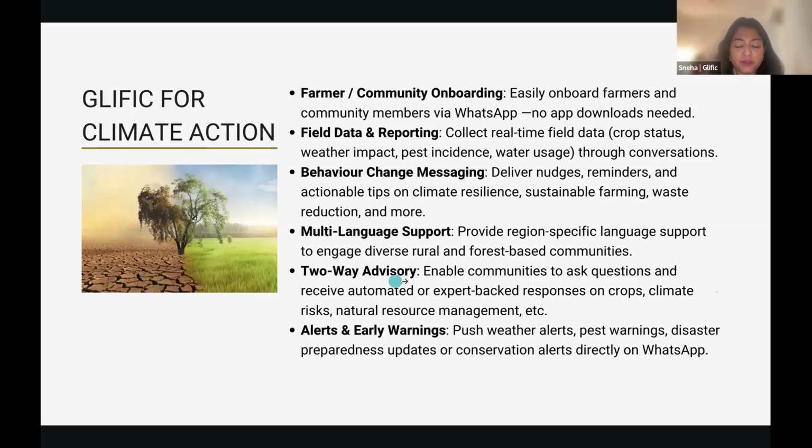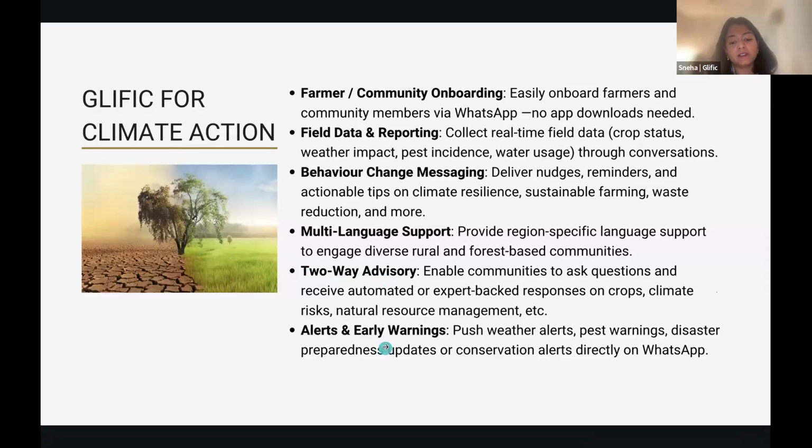It's a two-way platform. So you might have seen platforms where it's just one-way communication, just sending bulk messages. But two-way communication is actually you're listening to your audience. They are sending you responses, and based on that, you can take action. So that is what it allows you for two-way advisory.